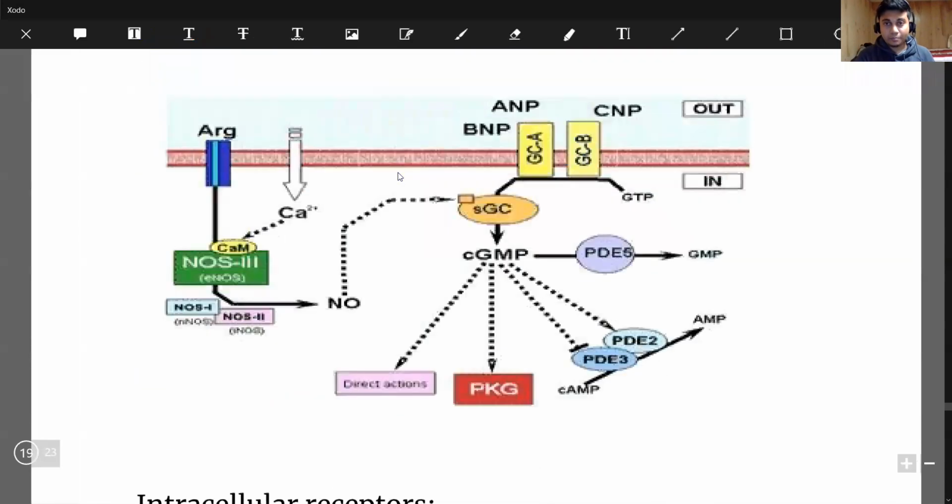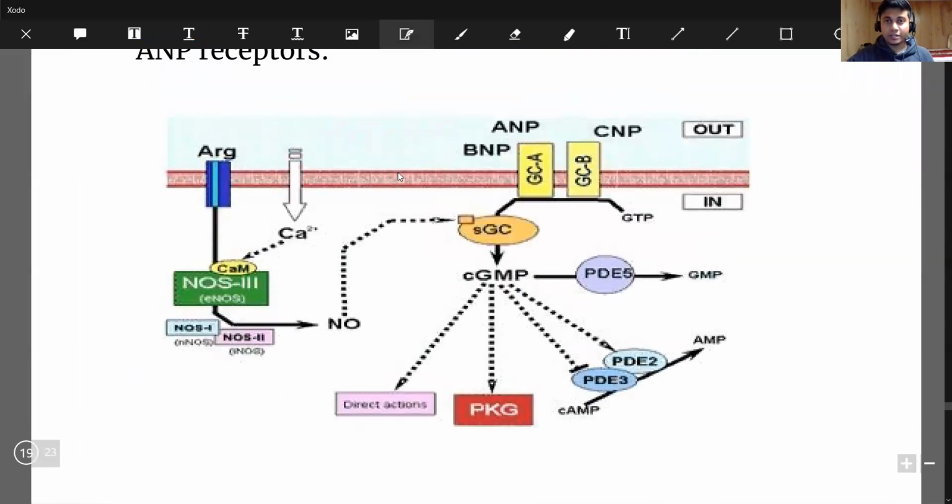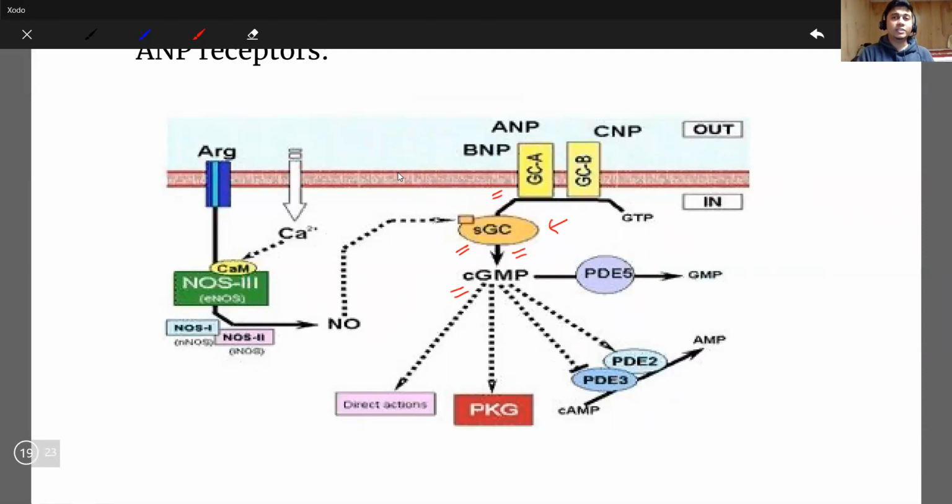All right, for the ANP receptor, as I said, this ANP receptor is a G protein coupled receptor, and this is not shown very clearly. This G protein stimulates the cGMP production. That means maybe this G protein stimulates the guanylyl cyclase, because we know that when you get cGMP, it is from the action of the guanylyl cyclase.